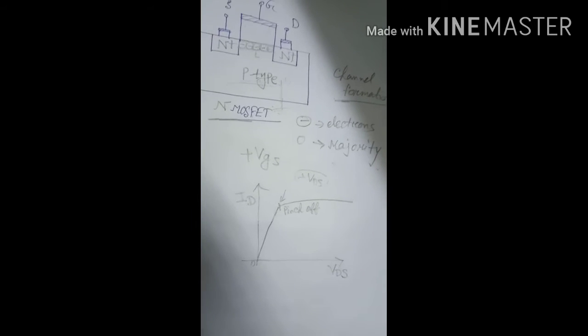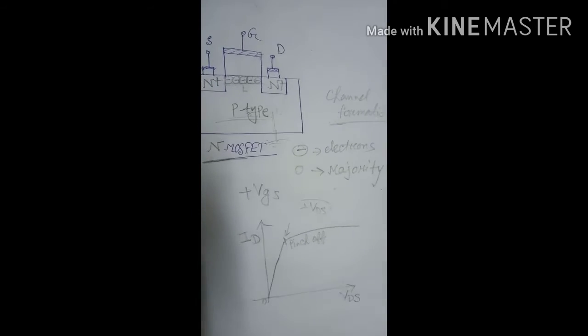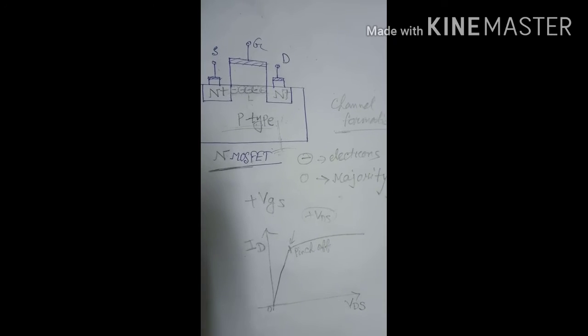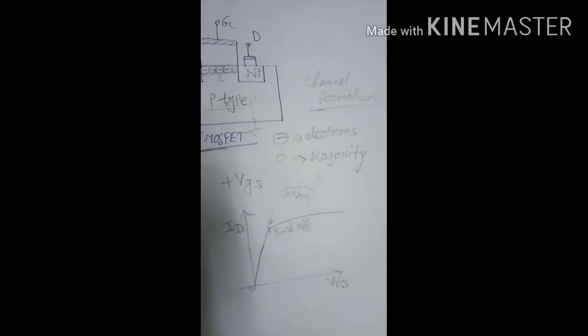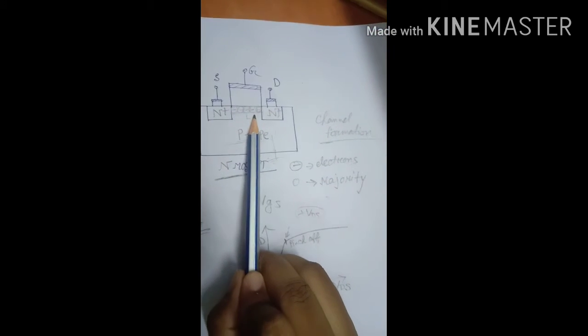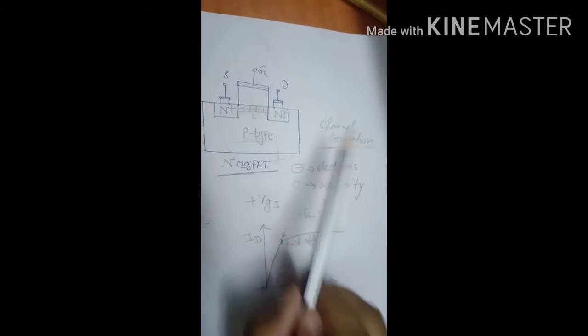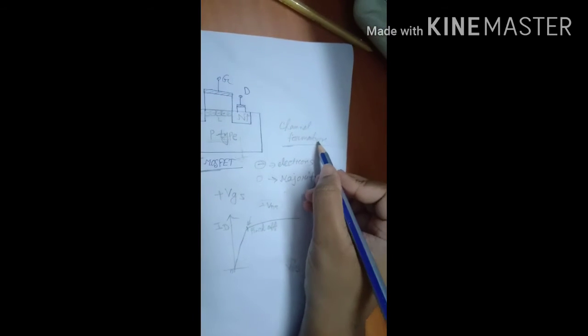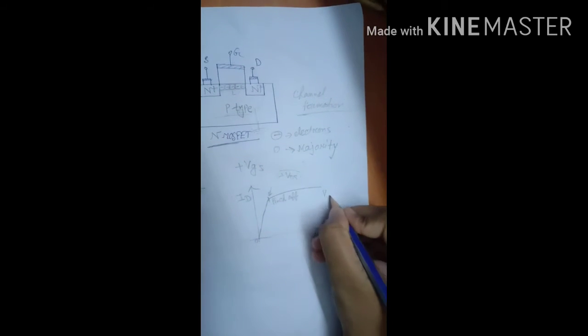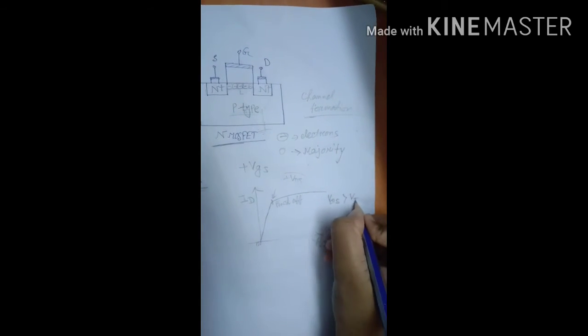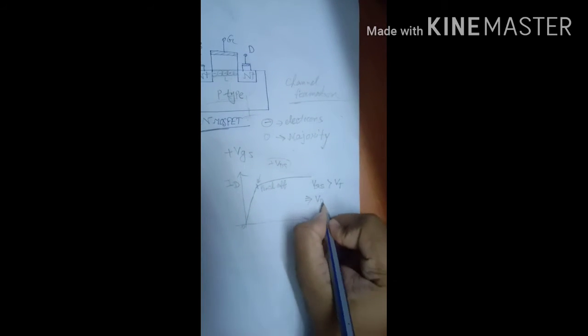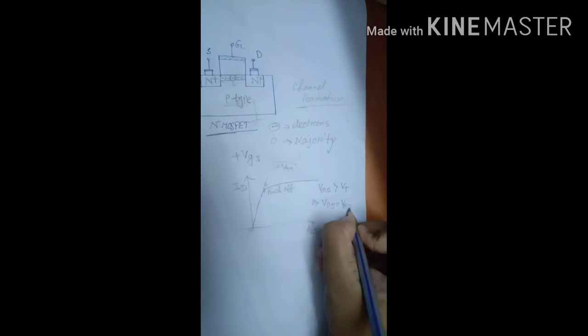What do you mean by pinch-off voltage? After going to pinch-off voltage, I will discuss what is channel length modulation. Now, this is a uniform channel. Then how can we modulate the channel length? So in this case, in saturation region, we know that VGS is greater than VT obviously, and VDS equals VGS minus VT.